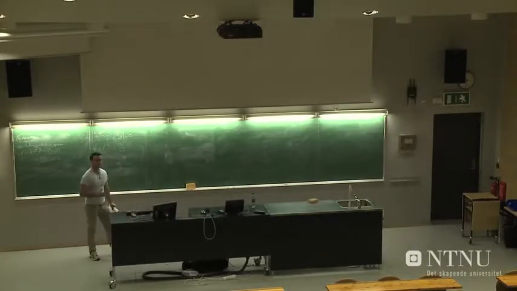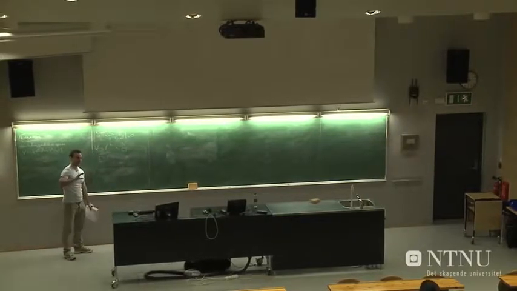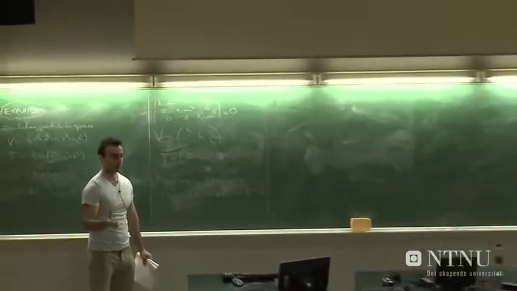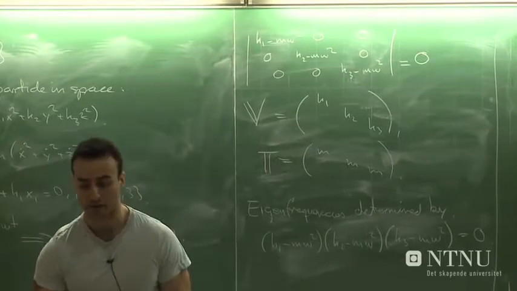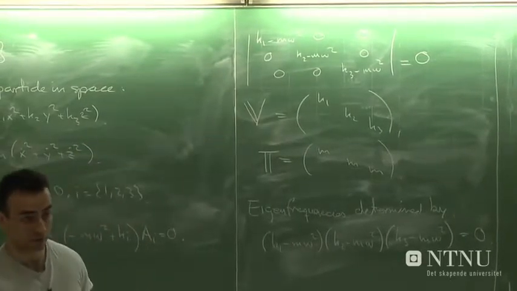We'll now have a look at a far more interesting example where this correspondence between the original generalized coordinates, for instance the Cartesian coordinates, and the normal coordinates does not hold.